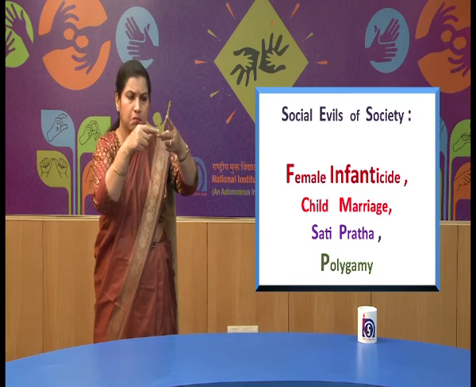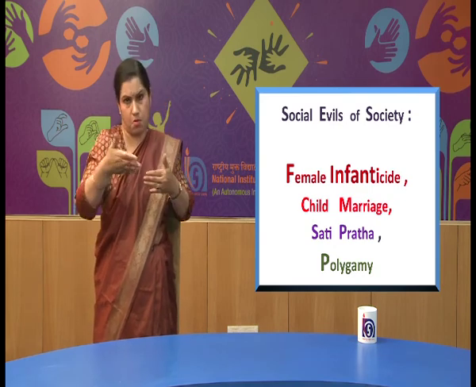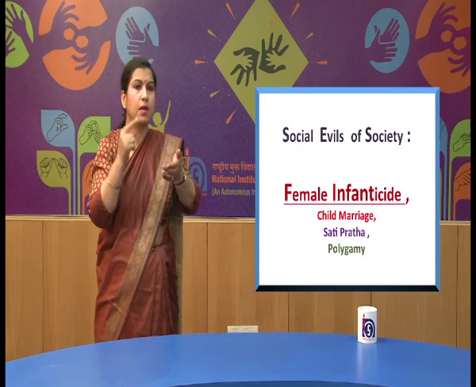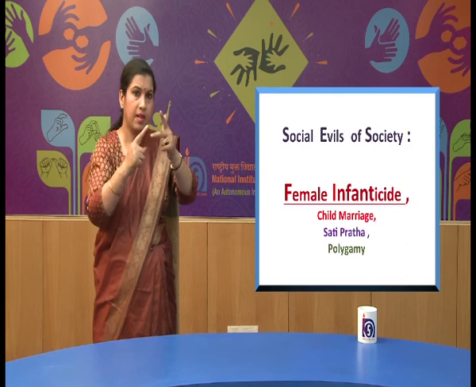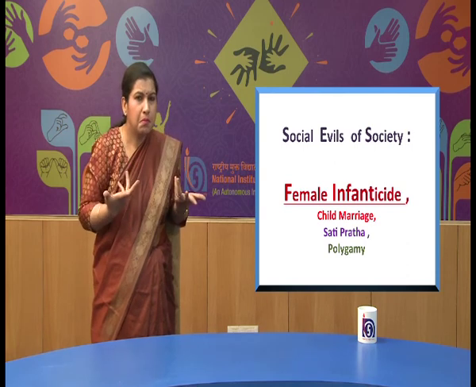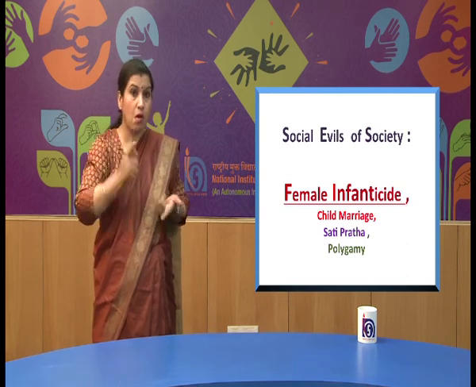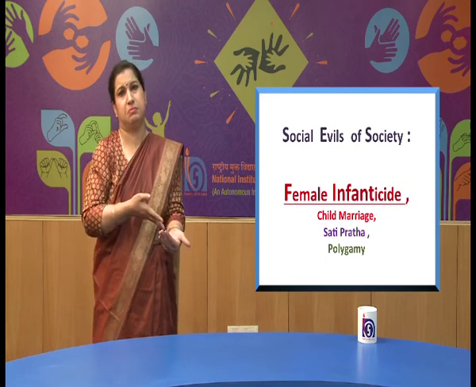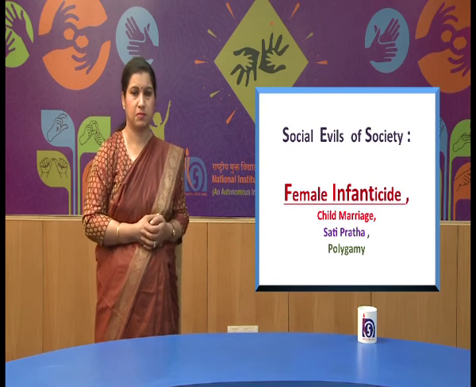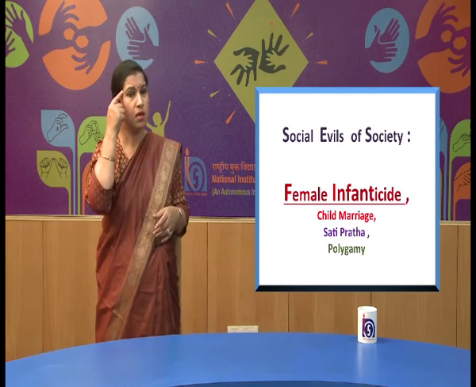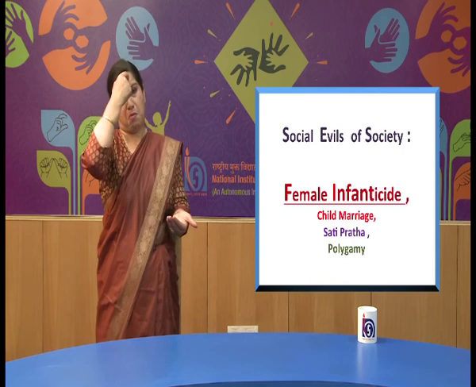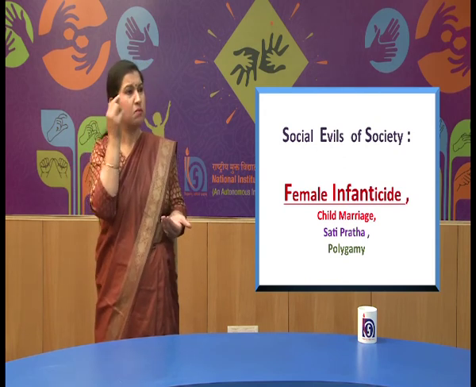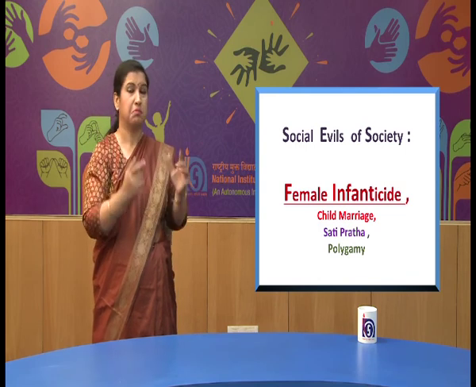Let us now try to understand these terms again in detail. Female infanticide. This means the practice of killing newly born baby girls, as women were considered a burden. So, many parents killed their daughters soon after they were born.